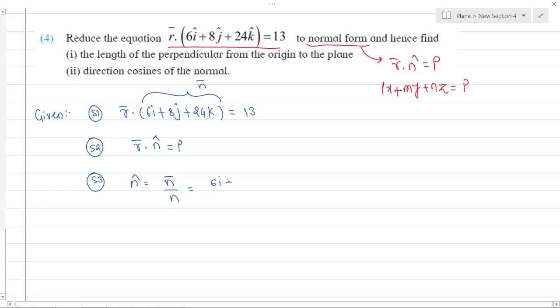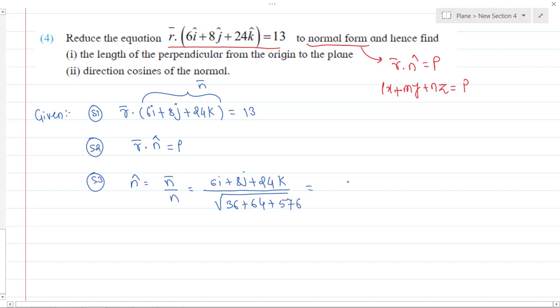So it's 6i plus 8j plus 24k. Okay, so it's not 2k, it's 24k. Let's say whole divided by mod of n. So mod of n is what? It's 36, since 6 squared is 36, plus 8 squared is 64, and plus 24 squared is nothing but 576.